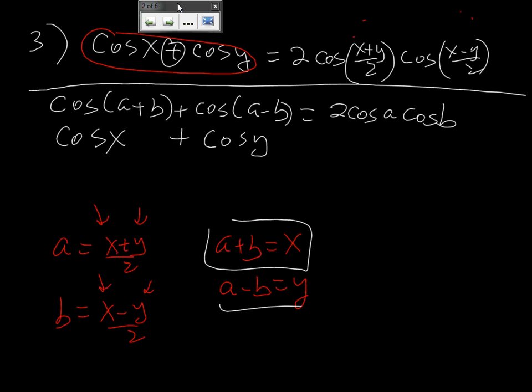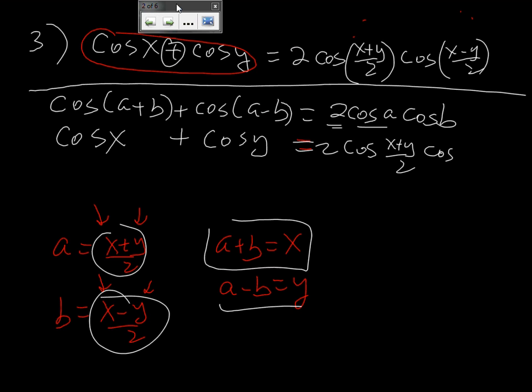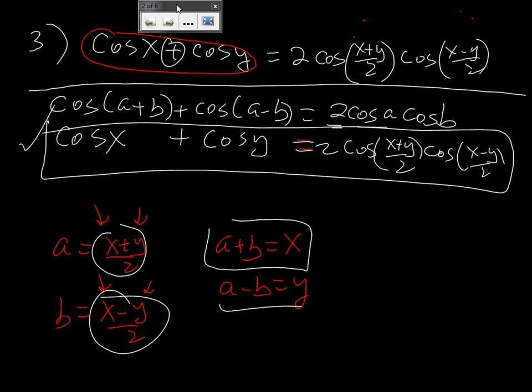Okay, now it equals 2 times cosine of A, but that's A. 2 times cosine of A times cosine of B, where that's B. And when we look, we're like, yeah, that's number 3. That's exactly what number 3 said.